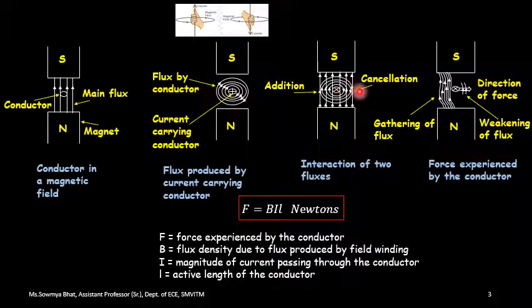But if you see the right side of the conductor, the direction of the main flux is focusing from north to south, whereas the direction of the flux by the current carrying conductor is focusing from south towards the north. So both the directions are opposite in nature. Whenever both directions are opposite in nature, chances are there they may get cancelled out if they are same in magnitude. So now I am having addition of flux also, I am having cancellation of flux also.